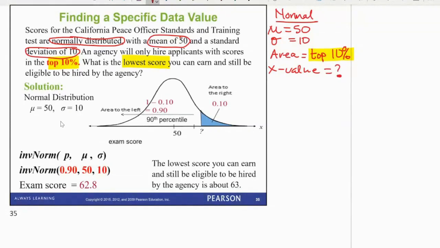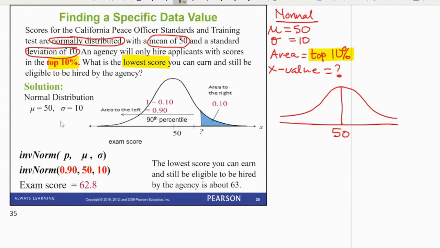Okay, first step, draw the bell curve. So let's draw the bell curve together. Draw the bell curve, have a beautiful middle, and put the mean in there. The mean is 50. So this is always the starting point. Now, we need to draw a line for the top 10%.